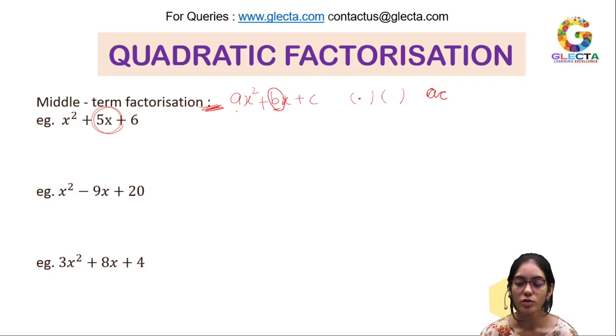We have to find two numbers such that multiplying them gives us ac, and adding both the numbers gives us b.